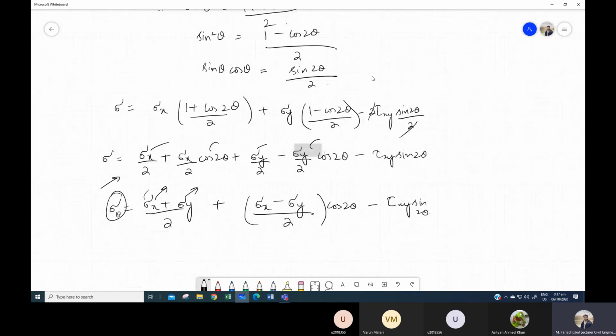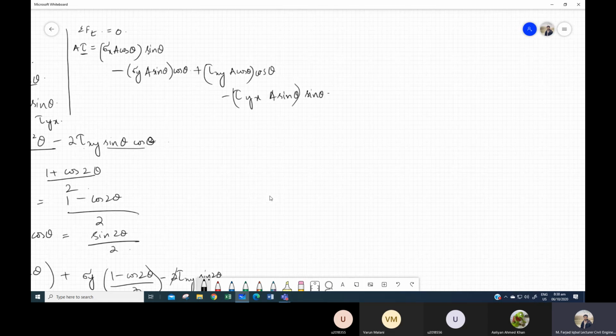Now we have to derive the similar formulation for the shear stresses at an inclination. For that, we will use the same equation.